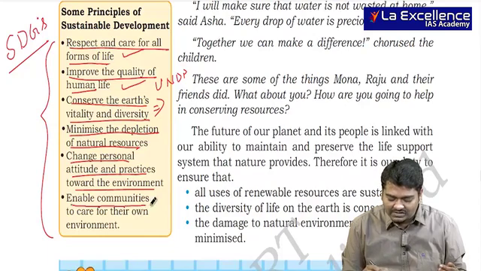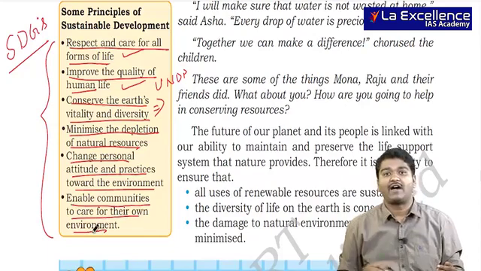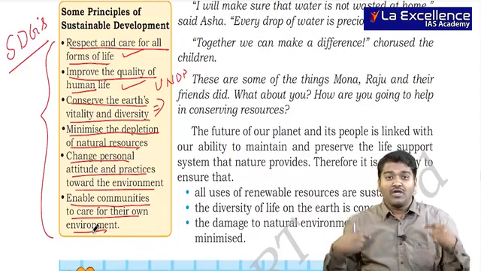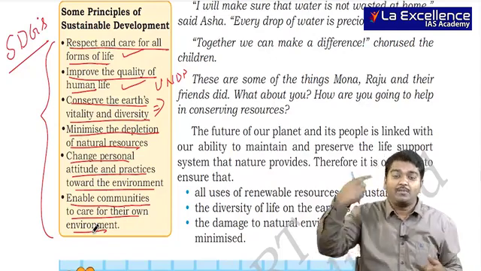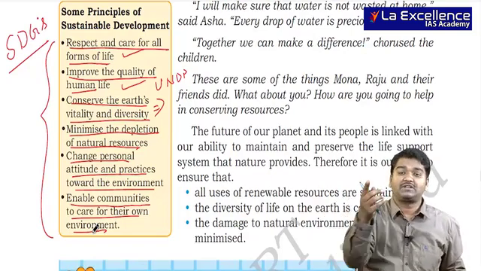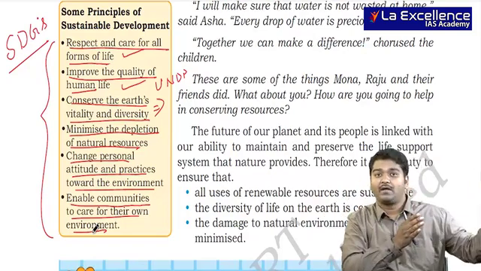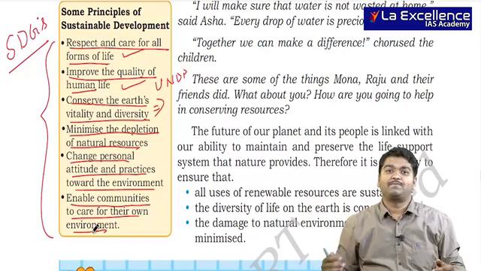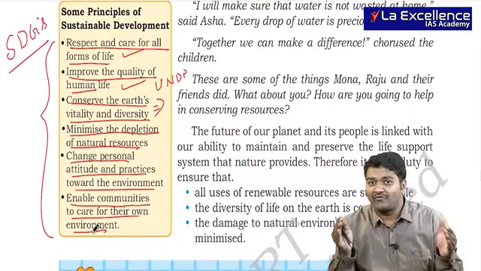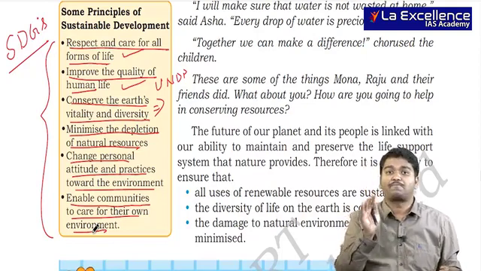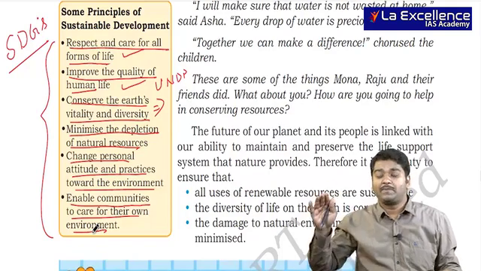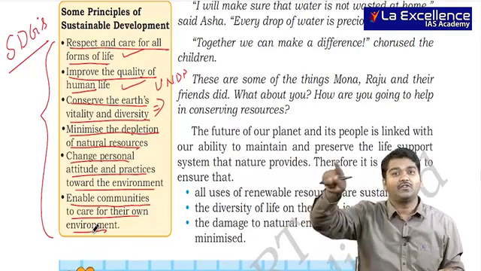Enable communities to care for their own environment. Here, we should understand that not only yourself, you have to empower the communities in those local areas to ensure that they can take care of their areas. For example, earlier, tribal people who used to live in forests were not considered part of the forest; they were removed from the forest and made to live in the fringe areas of the forest.